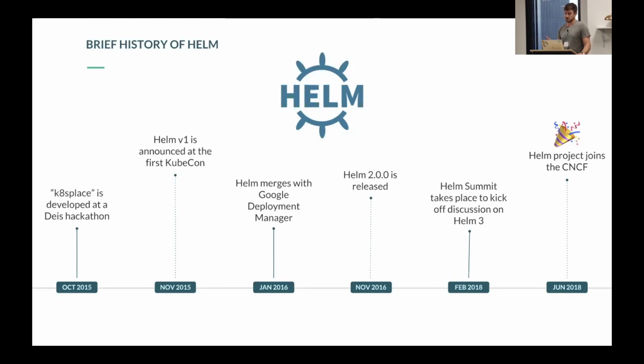And it also allows us, we were operating under the Kubernetes organization, so now we're able to come up with our own governance model and move more quickly than had we stayed with Kubernetes.